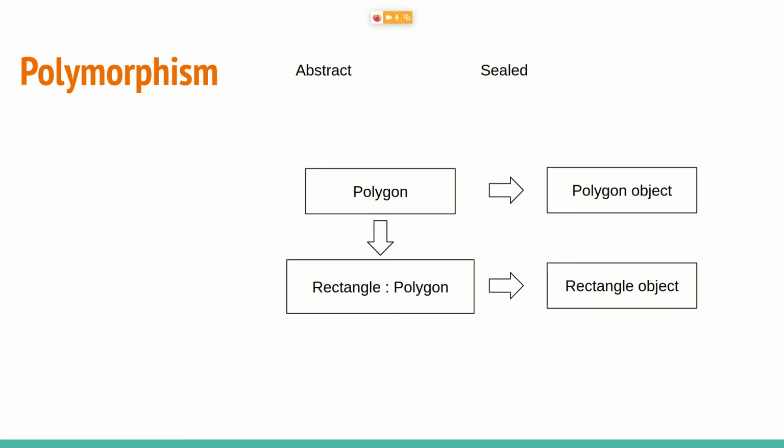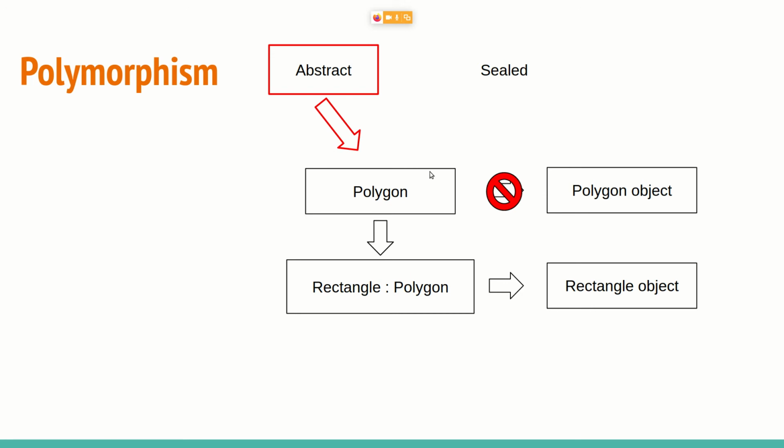What does abstract mean? If I make my class polygon abstract, what will that mean? So if we make polygon abstract, then we wouldn't be able to do this anymore. We wouldn't be able to create a polygon object directly.